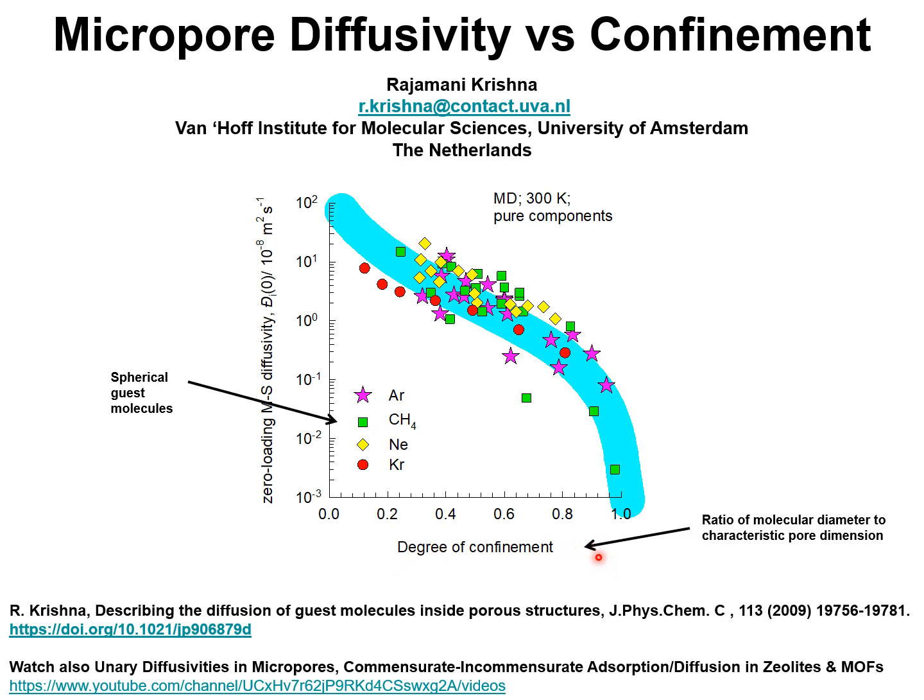What do I do to determine the diffusivity of chain molecules such as hexane, heptane, decane, dodecane?